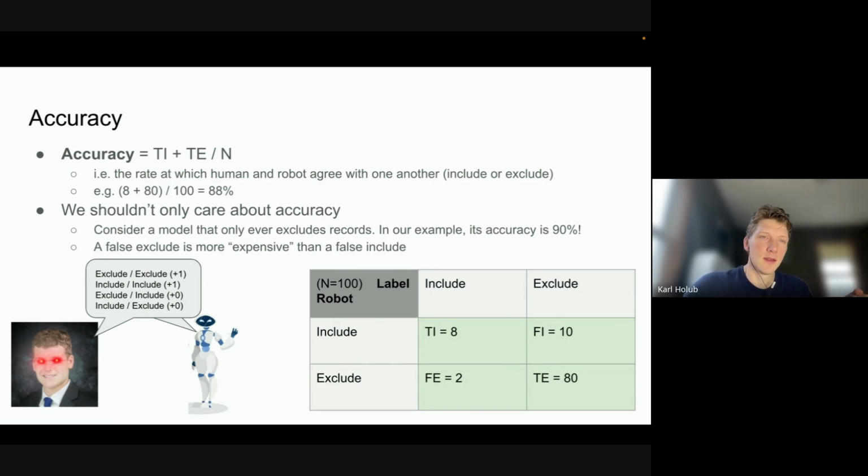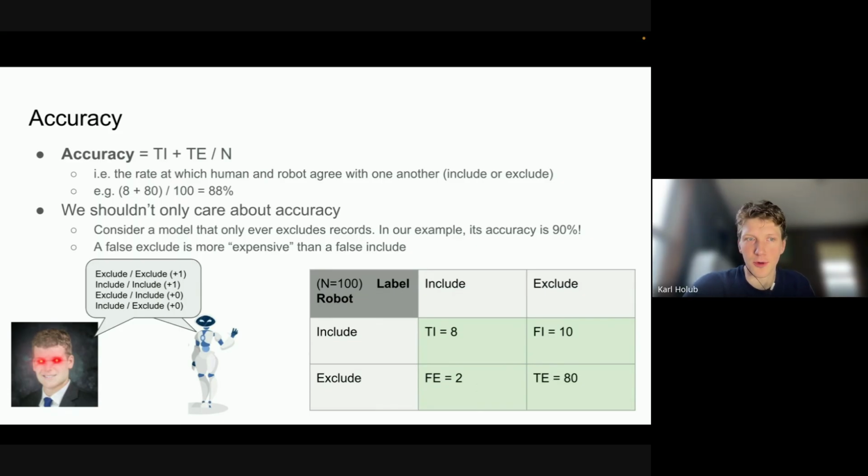Especially in our case, one extra thing to think about is the utility of these different types of predictions. To put this in utilitarian terms, a false exclude, one of these down here, is a more expensive mistake than a false include. If the model tells a human it's okay to exclude a record when it should have been included, that means a review is missing evidence.